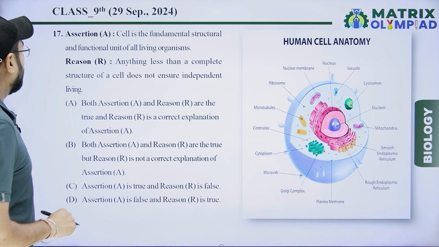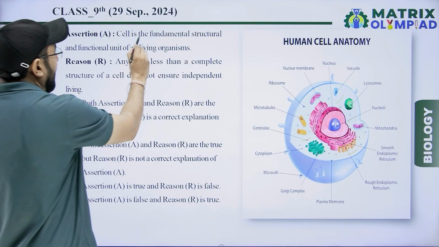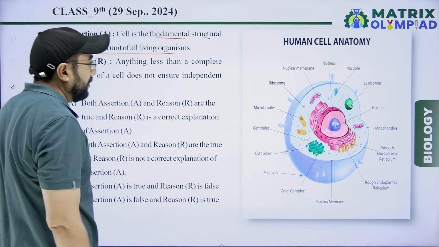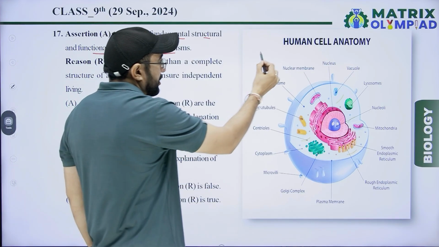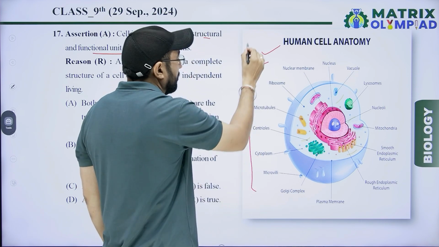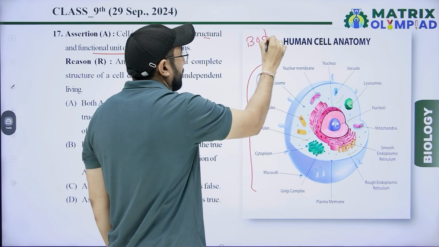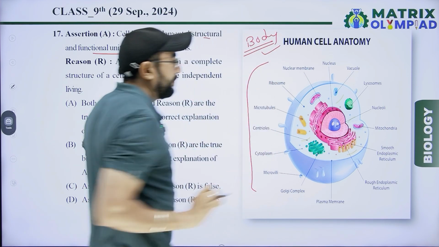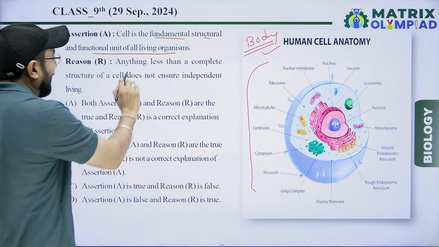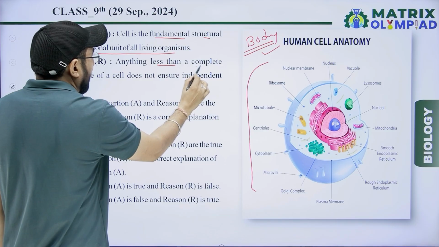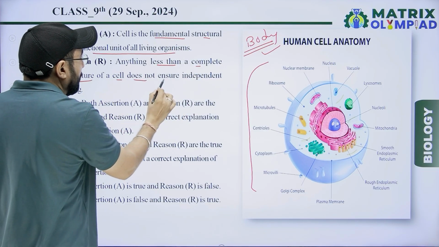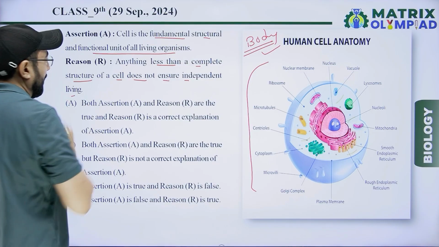Next question is, assertion A: cell is the fundamental structural unit of all living organisms. Human cell is the structural and functional unit of our body, the smallest unit. And reason: anything less than a complete structure of a cell does not ensure independent living.